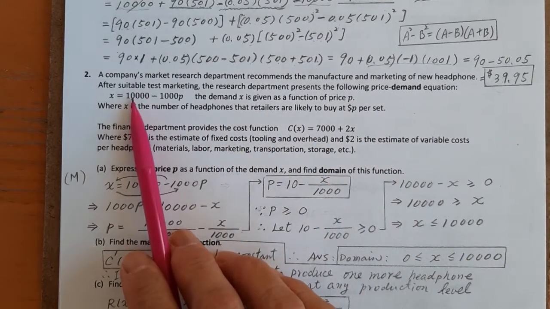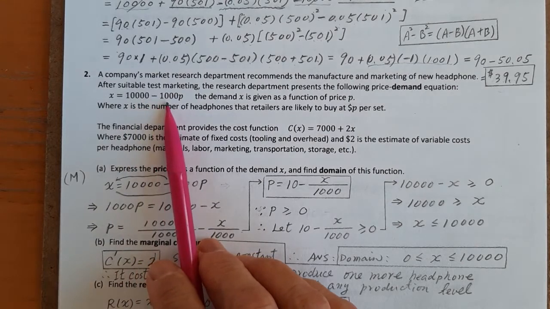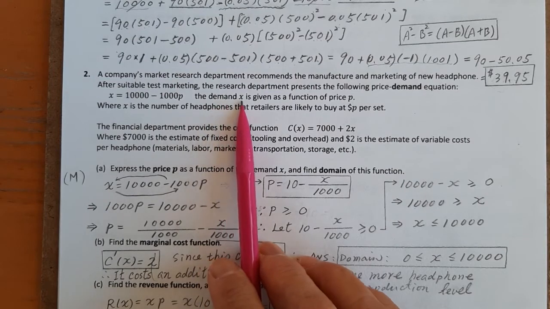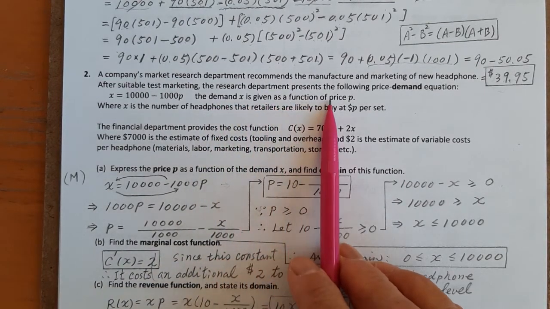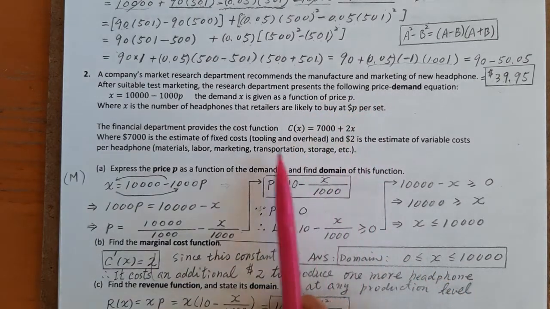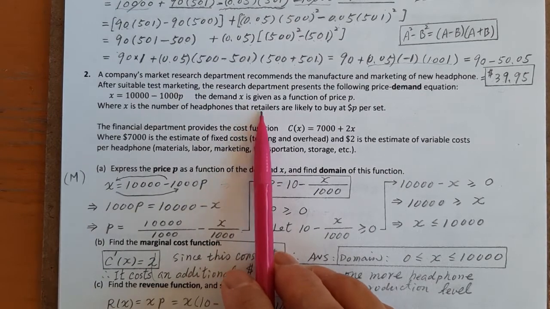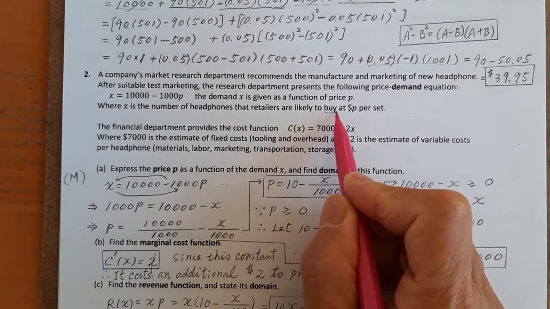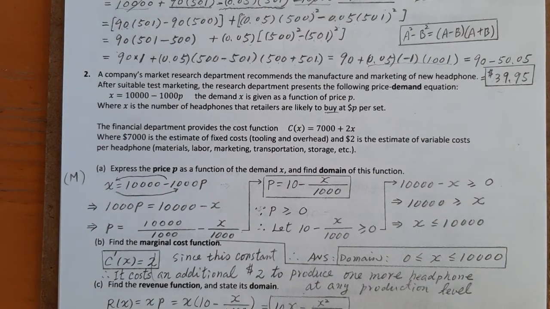This is a demand equation: x equals 10,000 minus 1,000 times p. Here x is the demand, given as a function of the price. p is the price, where x is the number of headphones that retailers are likely to buy at p dollars per headphone.